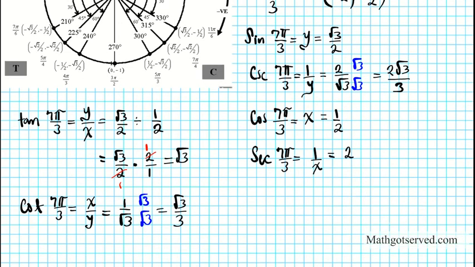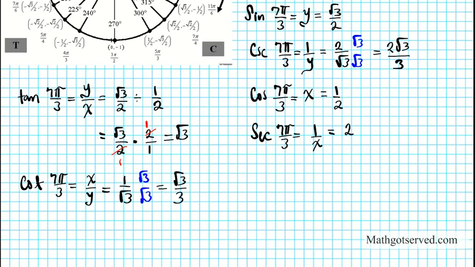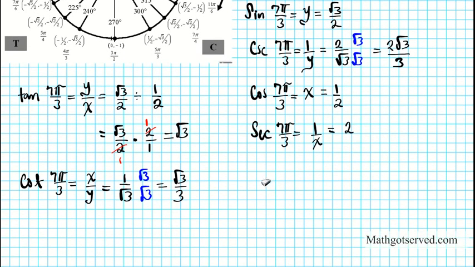Now what I'm going to do is organize them in a nice list over here, and we're going to prove that our answers are correct. So let's organize our answers. Sine 7 pi over 3 is equal to root 3 over 2. Its reciprocal relative, cosecant 7 pi over 3, is 2 root 3 over 3.